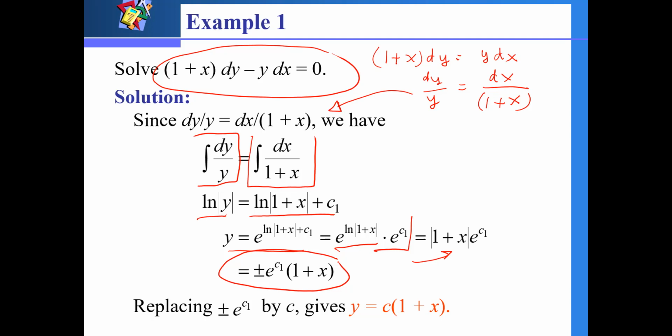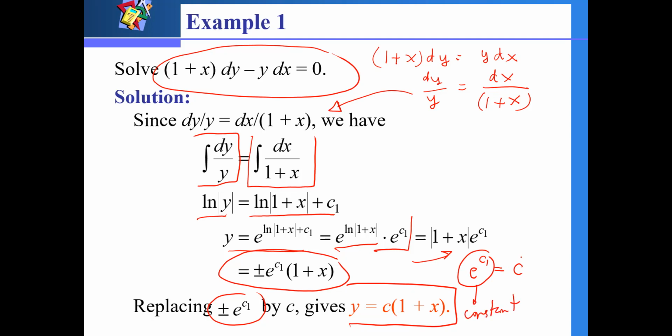So we can replace plus or minus e^c1 by c, so we get y is equal to c(1 plus x). We can replace e^c1 with c because this is a constant, right? And this one is also a constant, so we can replace it like this.